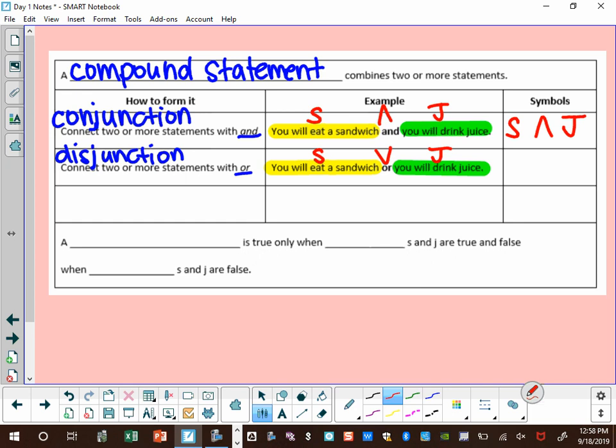So my symbols for this whole sentence would be S or J. We'll do a lot more work with that with the rest of the lesson.